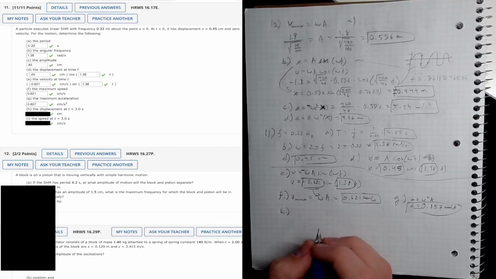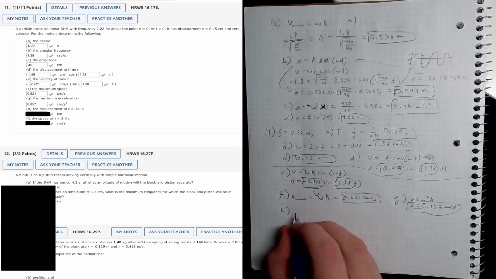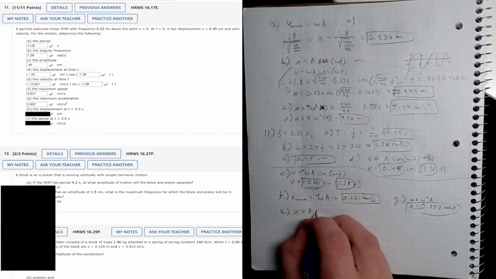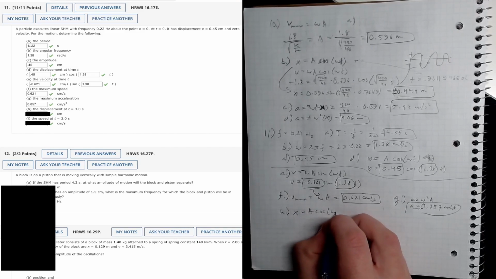Alright, G. Let's move on to part H. Find the displacement at t equals 3 seconds. So, equation again: x equals A cosine of wt.